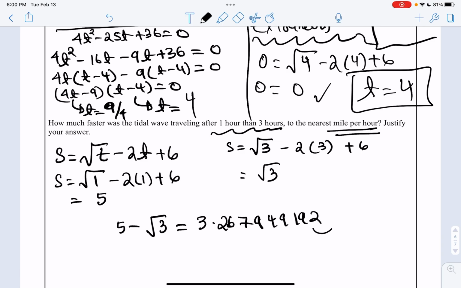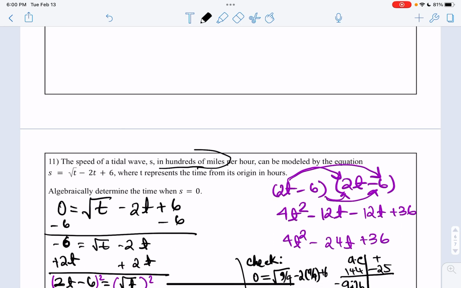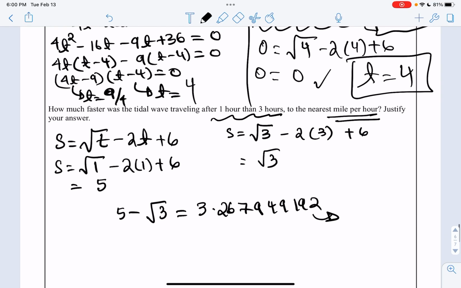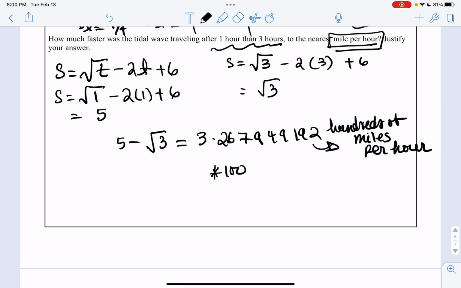Now, when they gave us the initial question, they said S is in hundreds of miles per hour. So this is hundreds of miles per hour. But the final one wanted just miles per hour. So we're just going to multiply by 100.